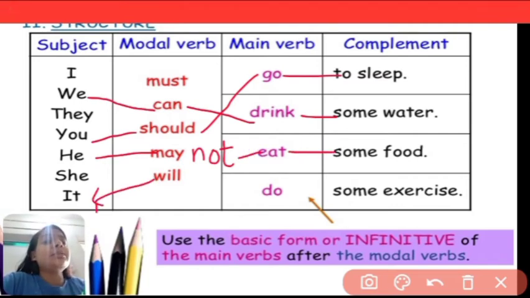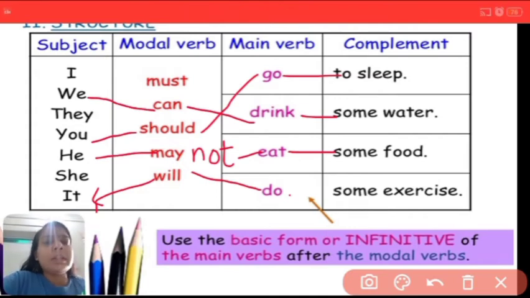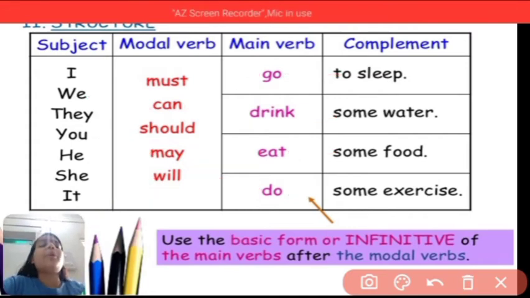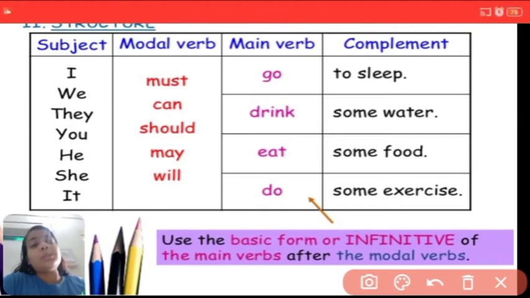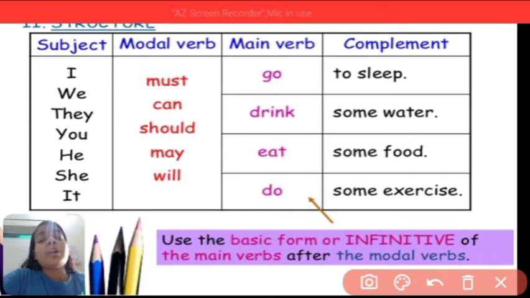It will. Simple, it will do. If I don't want to add any complement, that is also a complete sentence. This is how you can form any kind of sentence using modal verbs. It depends completely upon the mood or the expression the subject wants to express. Let's see.